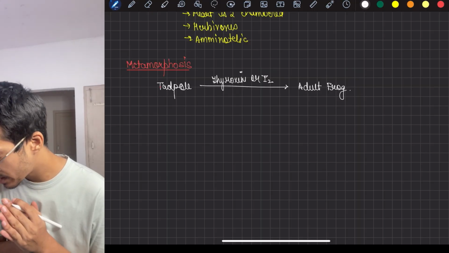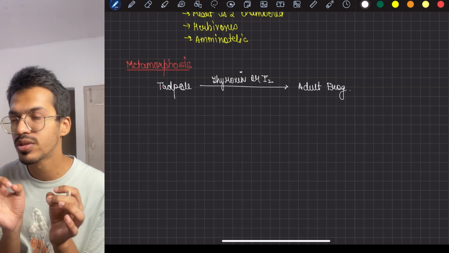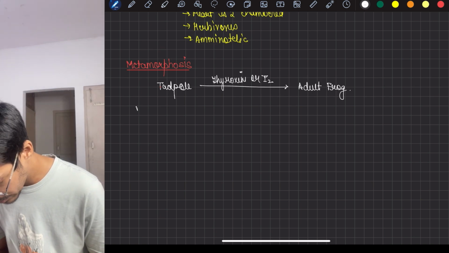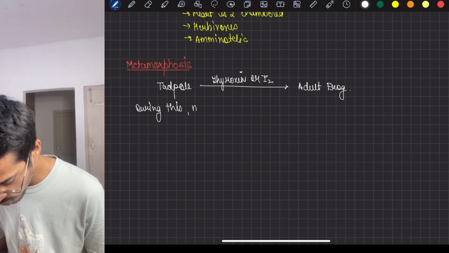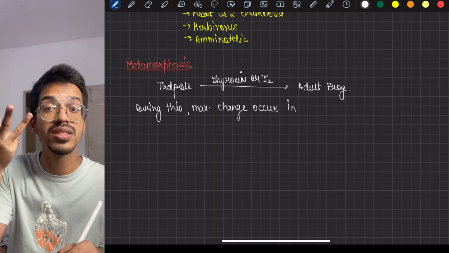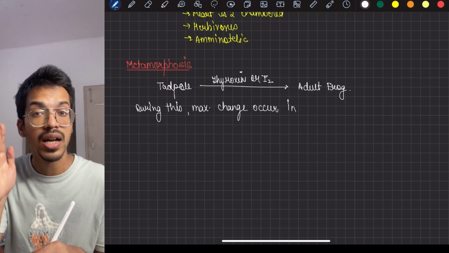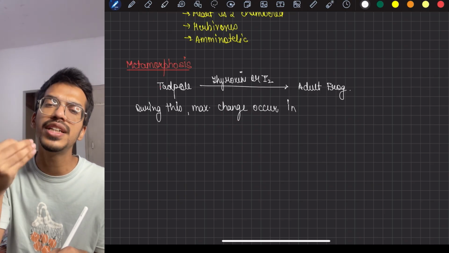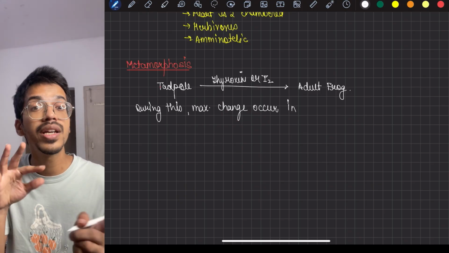During metamorphosis, maximum change is observed in the circulatory system. Their heart is two chambered, here it becomes three chambered. Earlier, the two chambered heart always gave deoxygenated venous blood. Here it will give mixed blood.